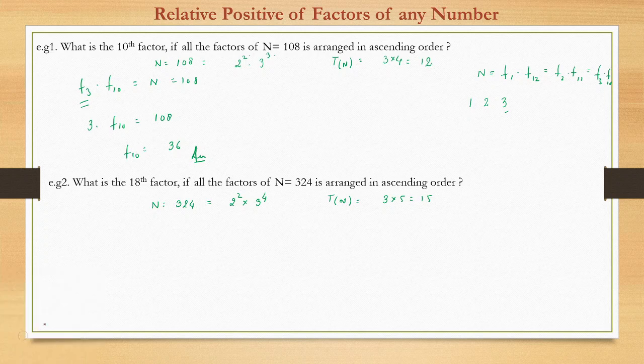So now we have to find f18, and we know the number itself would be the same as f1 into f15. Sorry, this is the 15th factor here, or let's make it the 12th factor.